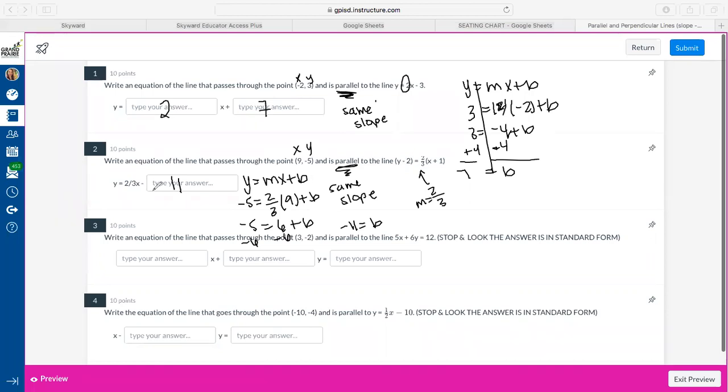So Miss, for every question, we just need the y, the x, the slope line.